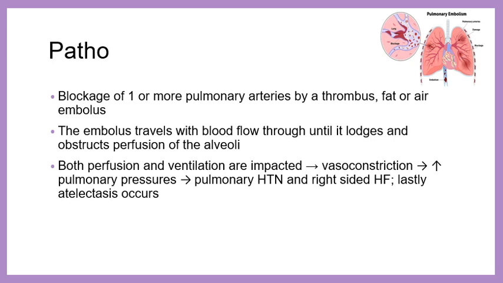Those are deep in the legs, femoral, iliac are most common. That turns loose in the vein, which is blood moving up towards our heart, moves into the right atrium, gets to the right ventricle, goes to the pulmonary artery where it wedges, and then we don't get blood flow, we don't get oxygenation.